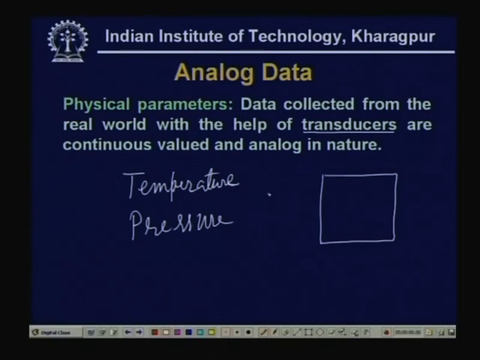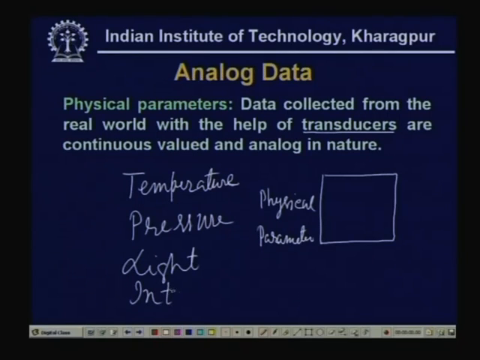On this side we apply a physical parameter, it can be temperature, pressure, say light intensity. And on this side we get some electrical signal, voltage or current.